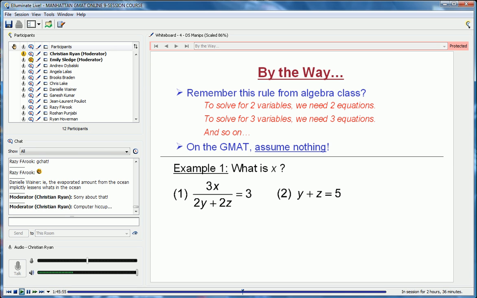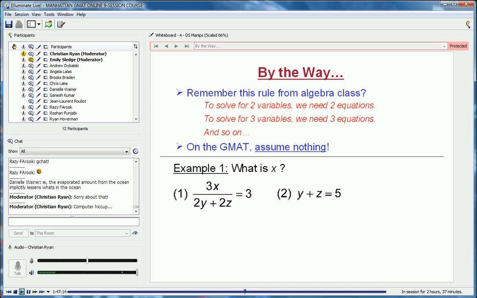Go ahead and give this one a try. Okay, take a few more seconds on this one.